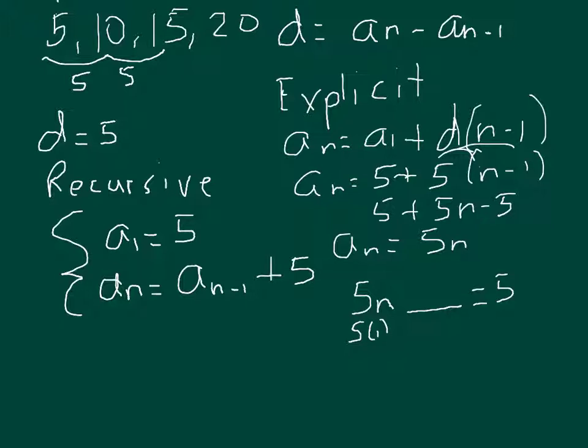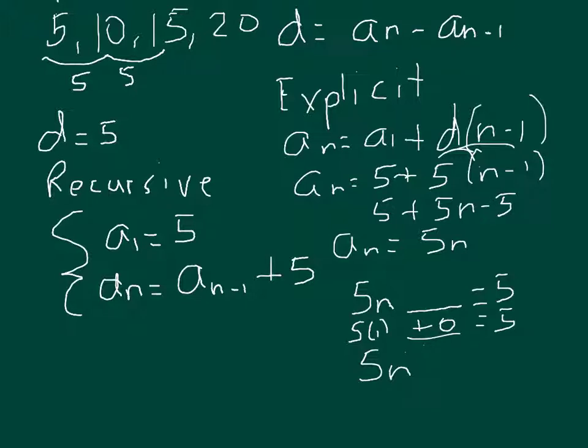Well, 5 times 1 is already 5, so it is plus 0 equals 5, and so 5n is your formula. So you can figure it out just from the pattern and figuring out what's missing, in the y equals mx plus b formula is basically what we're looking at, or you can use the explicit formula and substitute in. You need to decide which method you like out of those two on the explicit formula before you test.